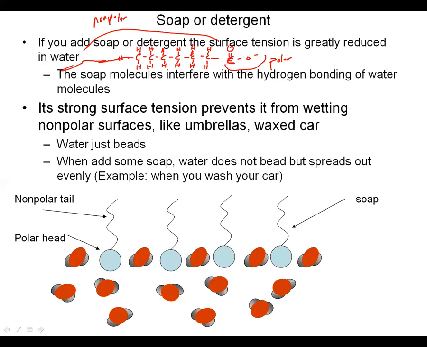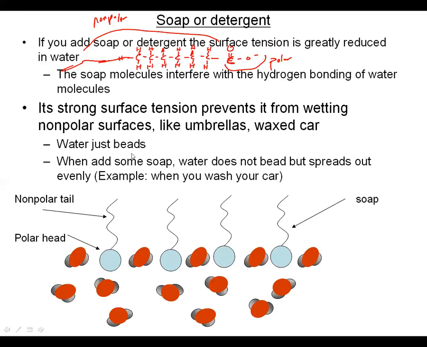And that works really well for something like soap. That's how soap works. Most dirt is nonpolar, so the nonpolar side of soap interacts with the dirt and traps it in there. Then typically when we use soap, we wash it off with something like water, which is polar. Thus, when you wash out the soap with the water, the dirt goes out with the water.